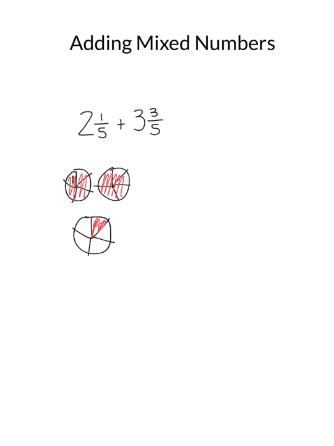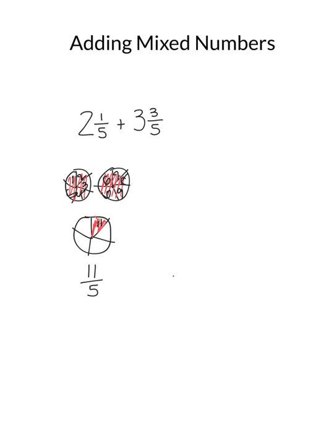Well, I have 1, 2, 3, 4, 5, 6, 7, 8, 9, 10, 11. So this fraction here, 2 and 1/5, is equal to 11/5.